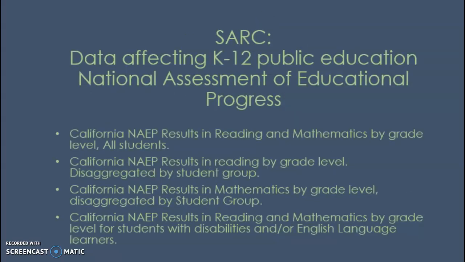There's also information that has to do with the National Assessment of Educational Progress and how it pertains to California, and how we are doing at a state as well as a national level. Same reading and mathematics by grade level, and then disaggregated by student group as well.